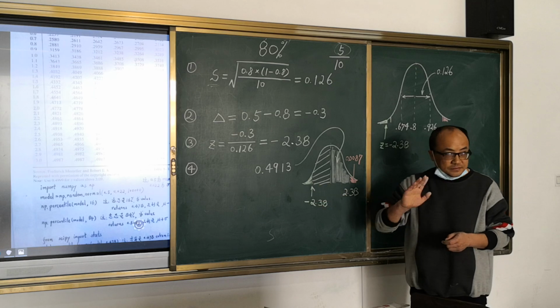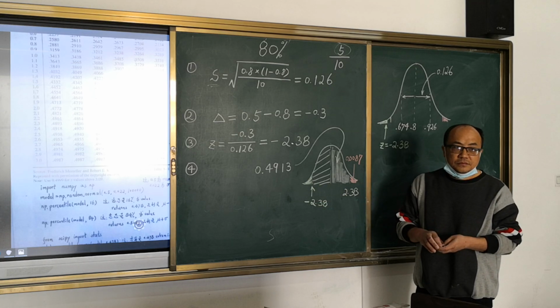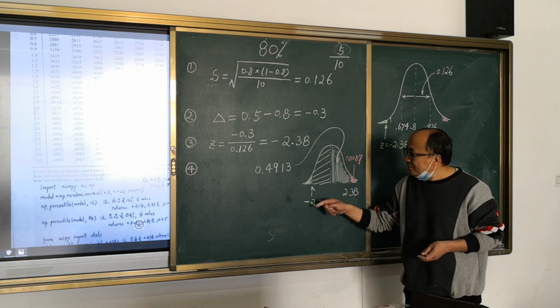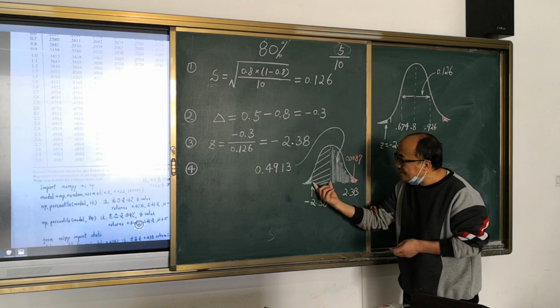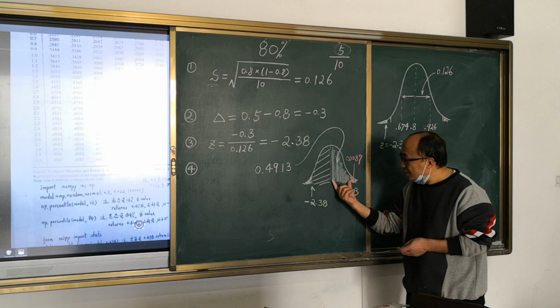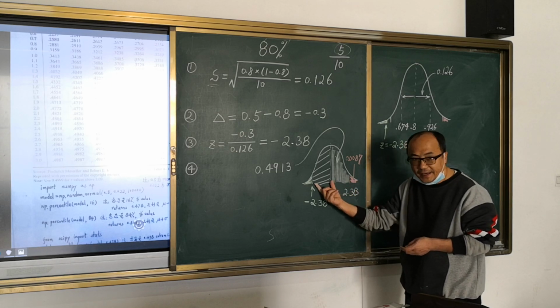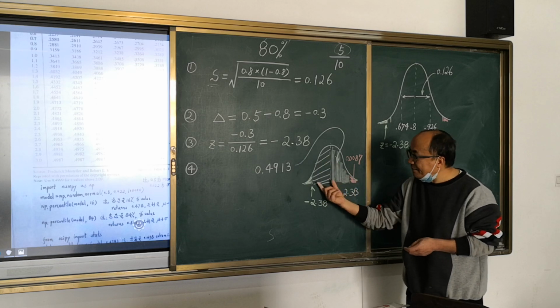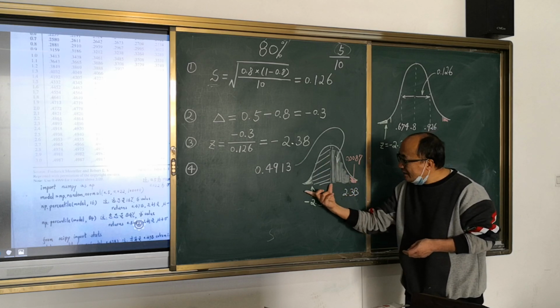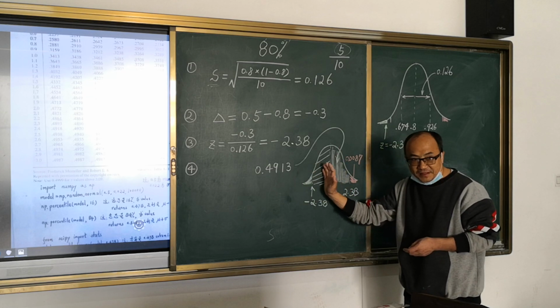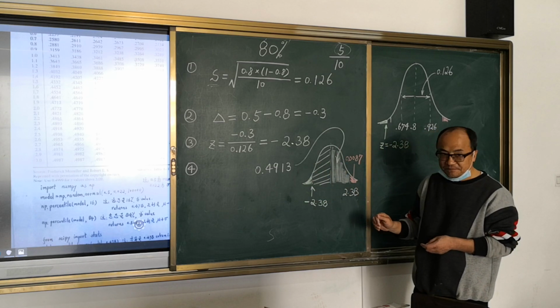How to find it? You should know. Based on the z value, you find this part of the area, or this part of the area. They are equal, from the z table. And the total is 0.5.